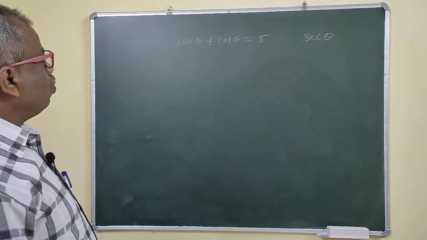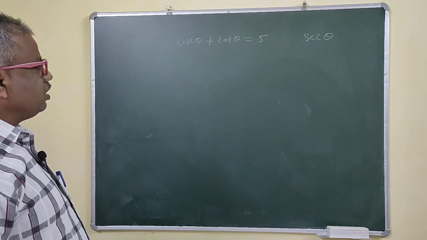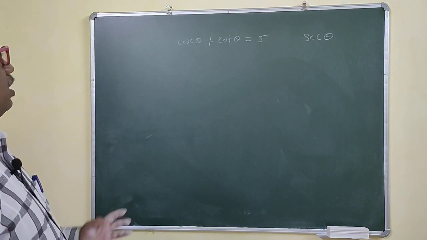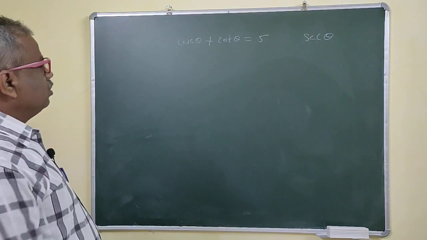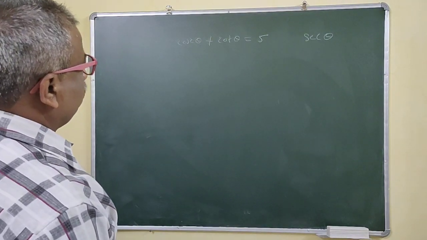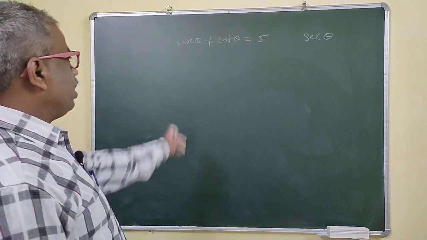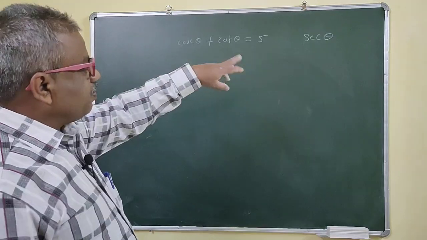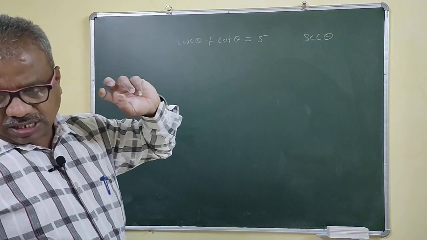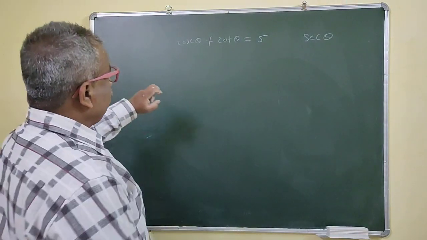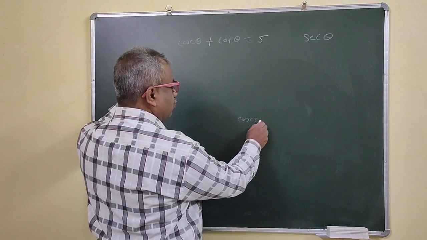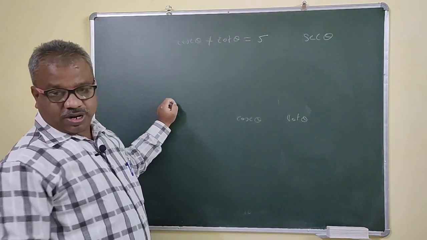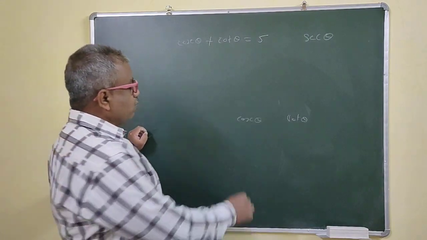If you get the value of cosec theta and cot theta, then you can find the value of sec theta. We get the value of cos theta now.